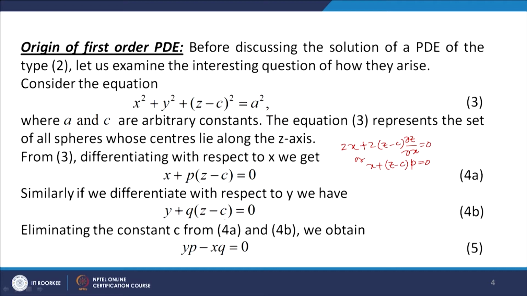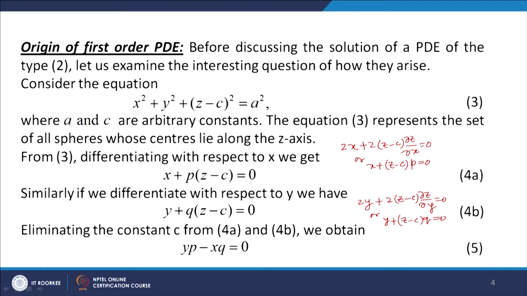Similarly, when we differentiate the equation x² + y² + (z − c)² = a² with respect to y, we get 2y + 2(z − c)·∂z/∂y = 0, or we can say y + (z − c)q = 0.